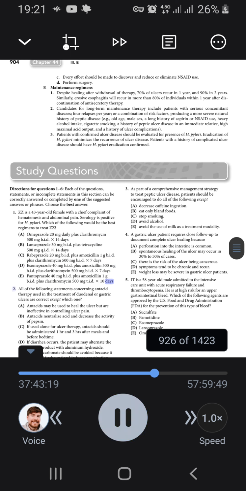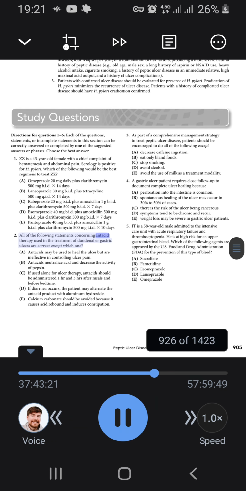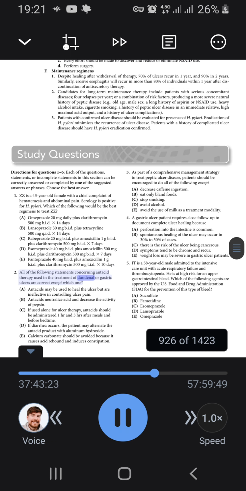2. All of the following statements concerning antacid therapy used in the treatment of duodenal or gastric ulcers are correct except which one? A. Antacids may be used to heal the ulcer but are ineffective in controlling ulcer pain. B. Antacids neutralize acid and decrease the activity of pepsin.